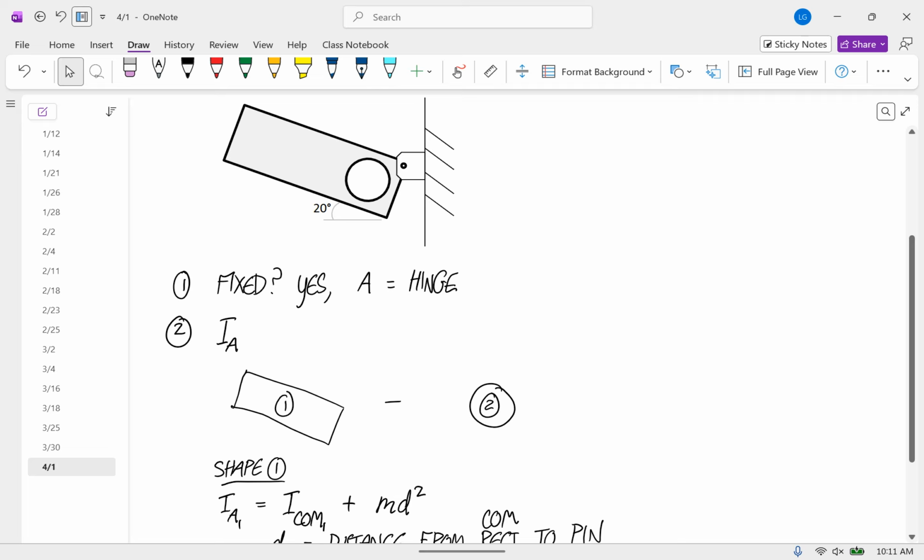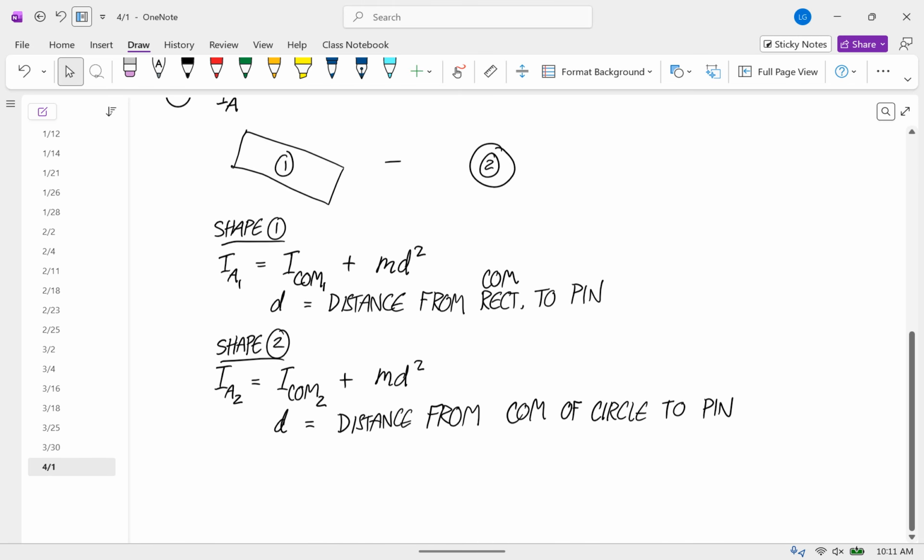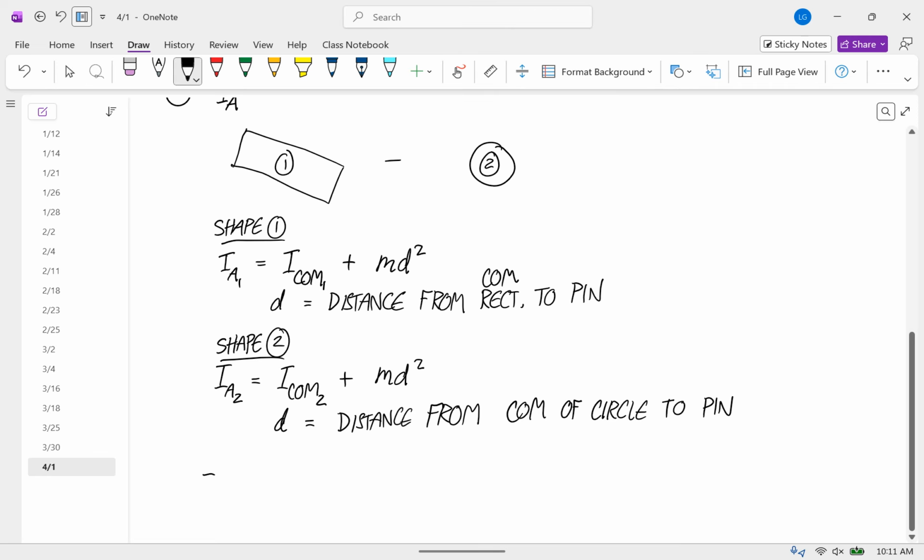And all this takes a little geometry and trigonometry and stuff. Okay. And then once you have those, the total mass moment of inertia about A is equal to the mass moment of inertia about A of the rectangle minus the mass moment of inertia about A of the circle. Okay. But the steps in there that I didn't do are a little time consuming.